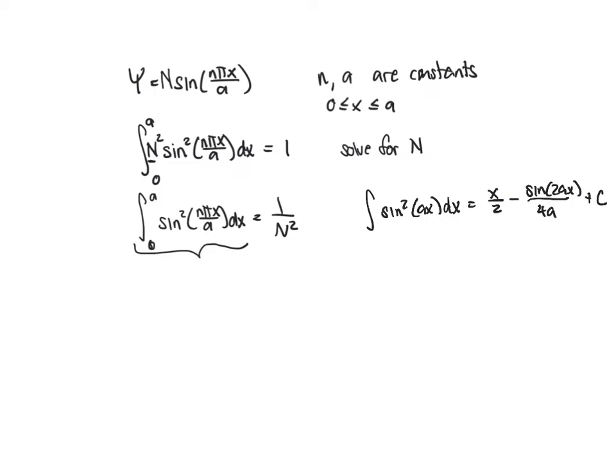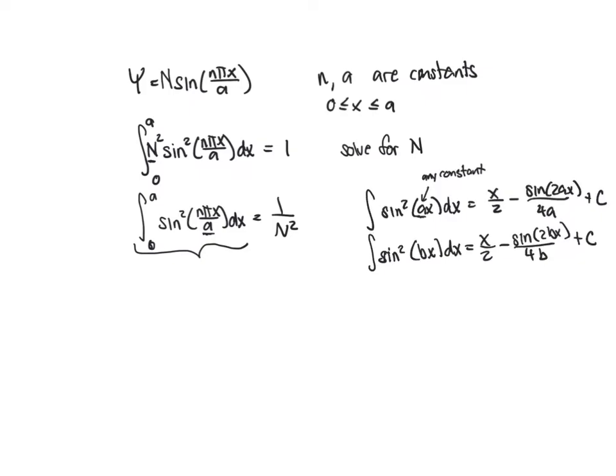When I'm looking up stuff in an integral table, they're always going to use a for any constants. This a is not the same as this a. So rather than saying a, because I already have a over here, let's change that variable to b. So the integral of sine squared bx dx is x over 2 minus sine of 2bx over 4b, so that I don't get confused with the different a's.